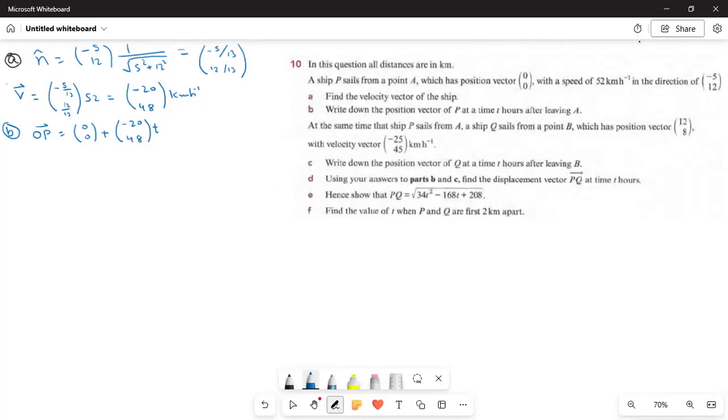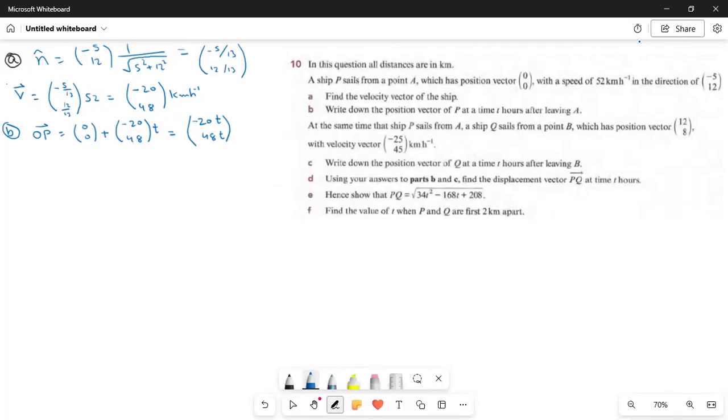Remember, distance is velocity times t. If I multiply the velocity with t, I get the distance. So this is going to be (-20t, 48t).